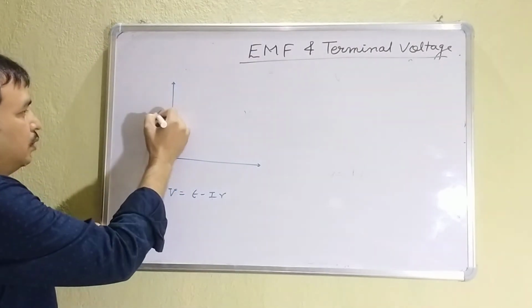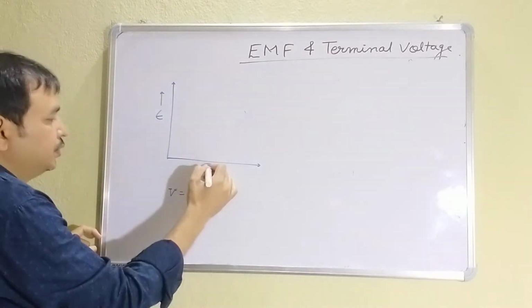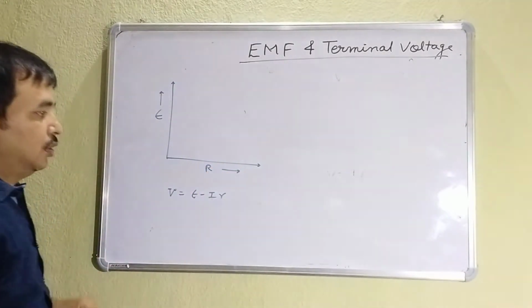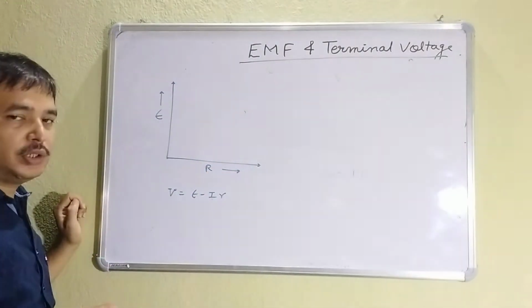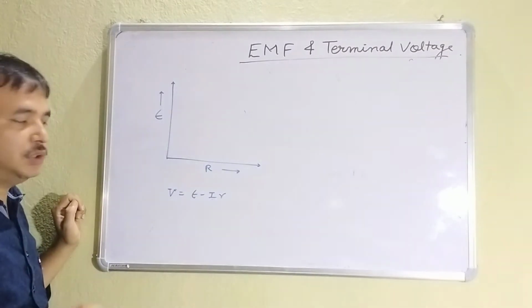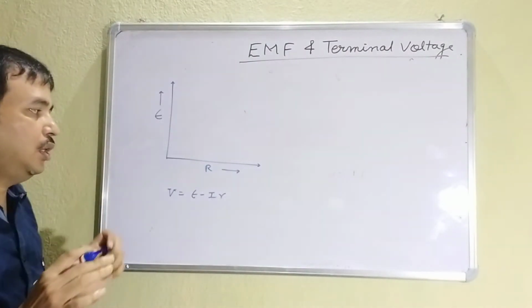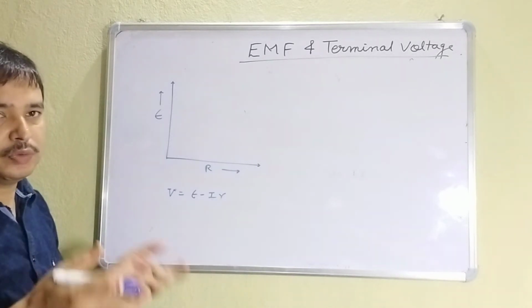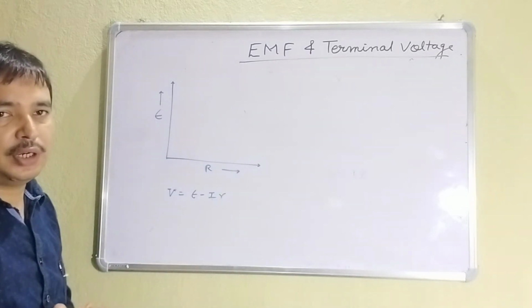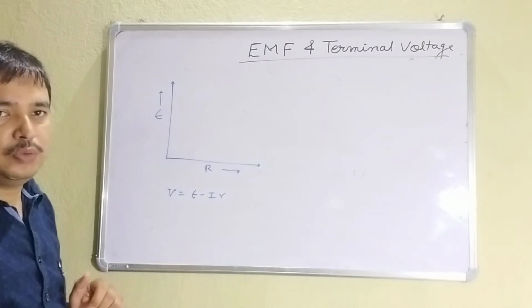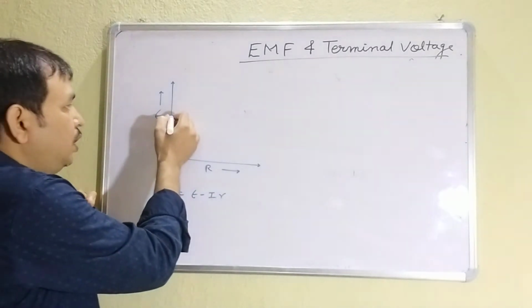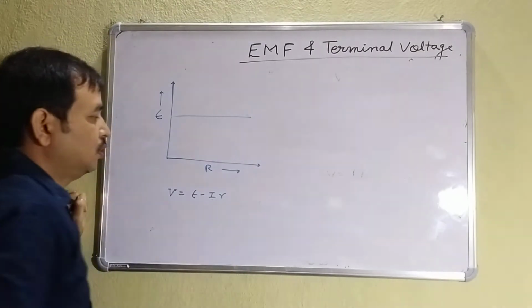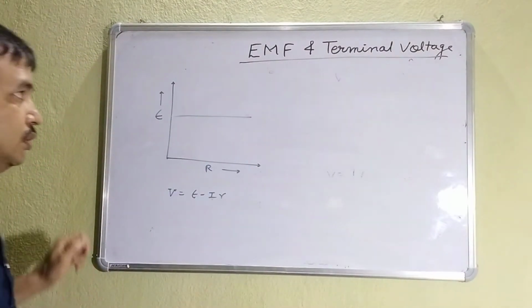So we know that EMF is not concerned with the external resistance because EMF is totally related to when no current is flowing. If no current is flowing, there is no meaning of external resistance. We do not have to use any external resistance. So EMF does not depend on R, the external resistance.